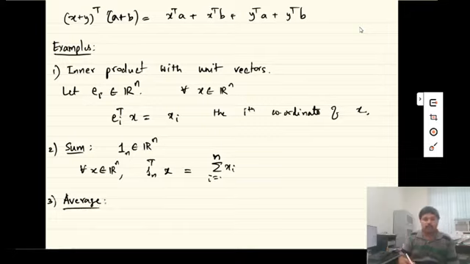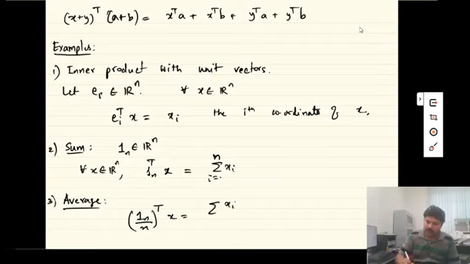Once you understand this, then you have something called the average. For the average, you take the inner product divided by n. Let me write it properly. 1 transpose x divided by n, which is nothing but the summation of x_i divided by n, i going from 1 to n, which is the average of the vector x.